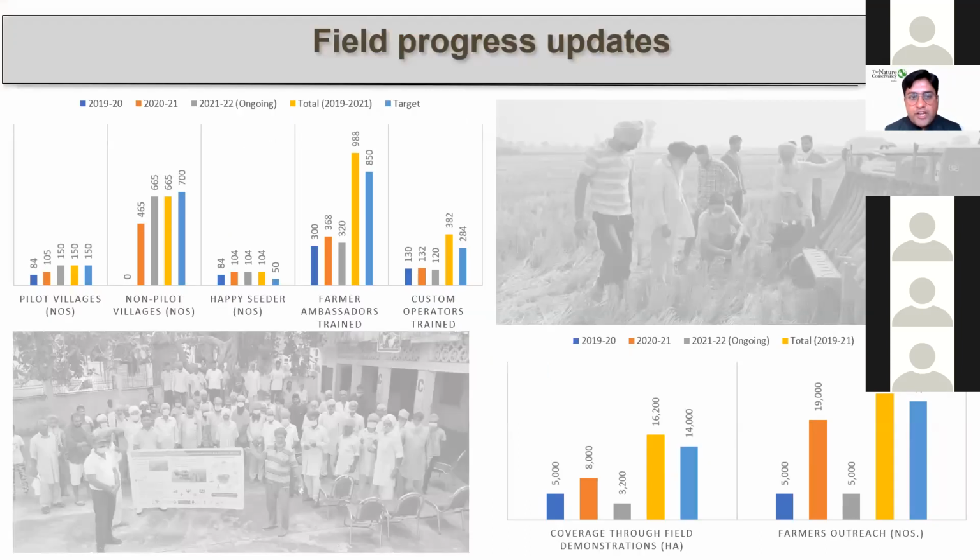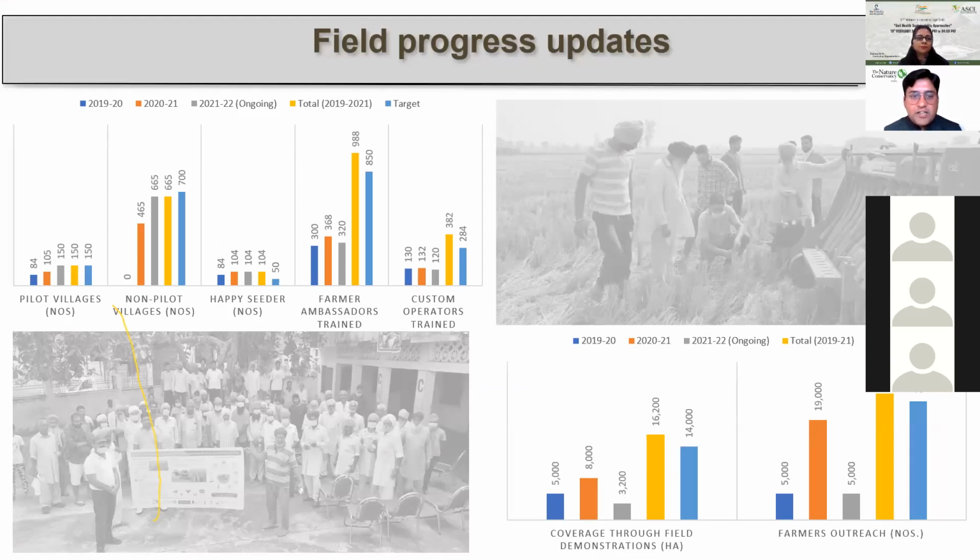If you talk about Harit, we selected 5 pilot villages where more interventions were done in terms of demonstration, training, and capacity building of farmers. We did this in around 150 villages in Punjab and Haryana. In non-pilot villages, it was only behavioral change communication through mobile-based advisories.